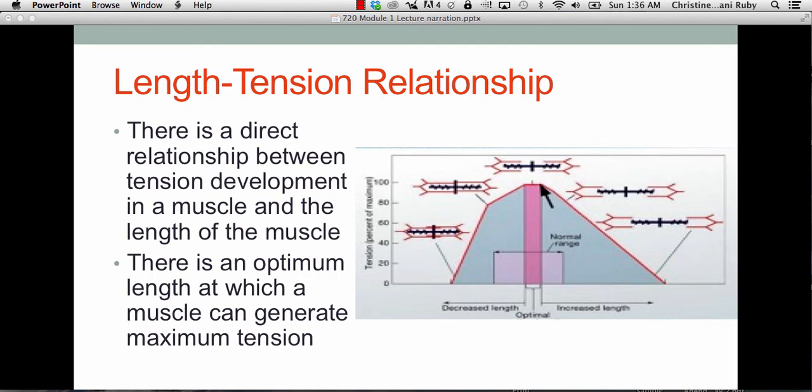And unfortunately, when it becomes shortened that way, it may not have the effective pull for other kinds of activities. What we now know is that there is an optimum length at which each muscle can generate its maximum tension. So we want to try to keep those muscles in a healthy length so that they can perform when we need them to.